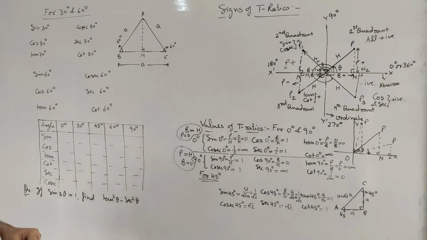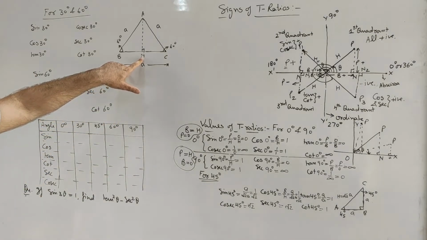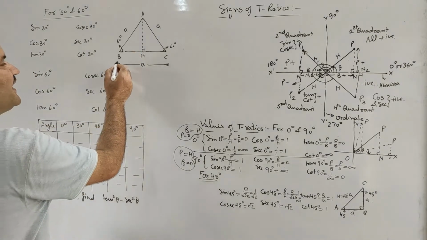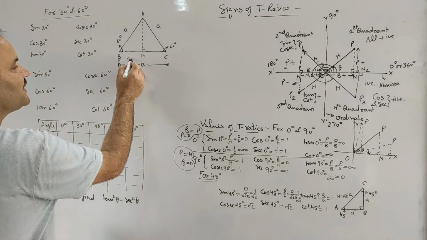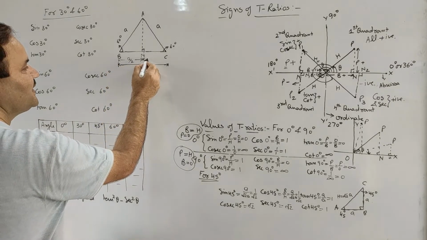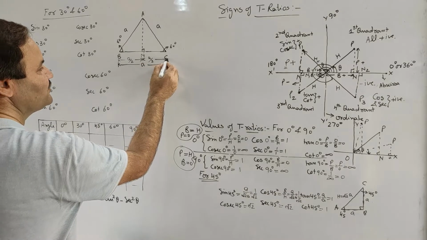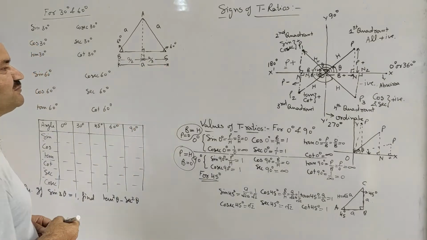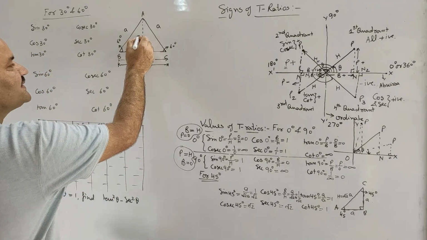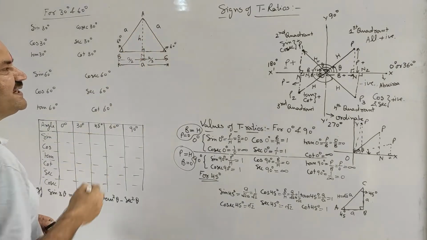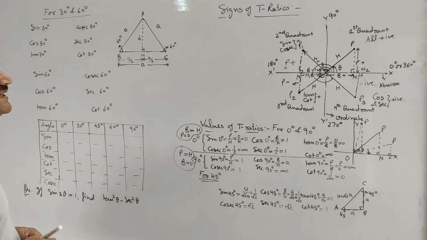Say the foot of the perpendicular is N, then this N will divide the base in two halves, A by 2 and A by 2, and from this we can calculate the height H, that is AN, of the triangle.